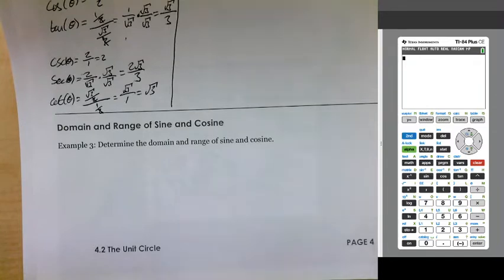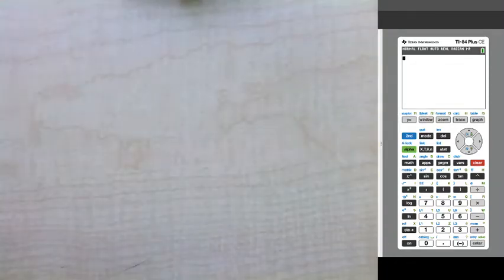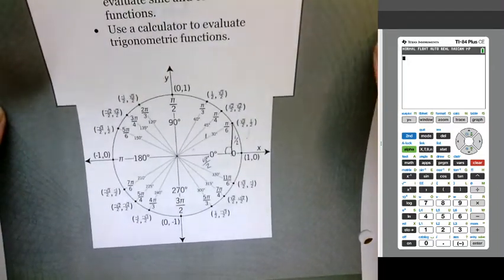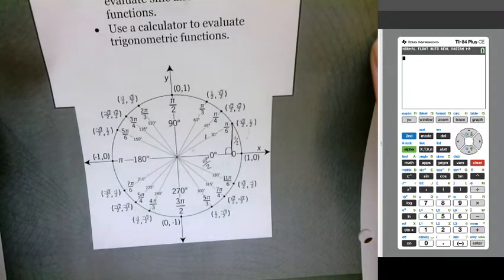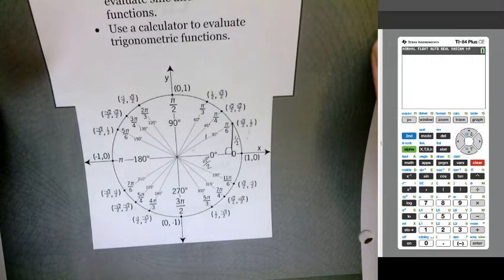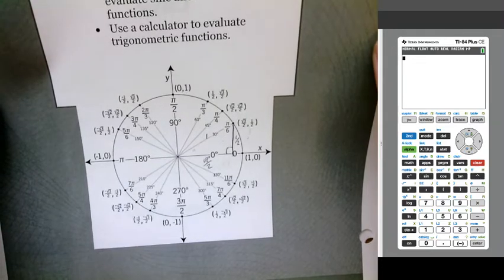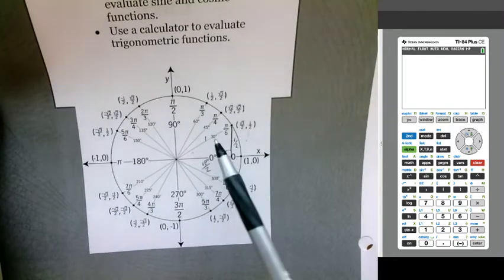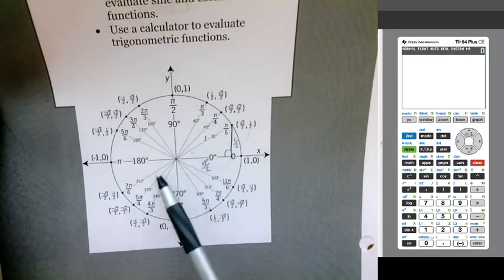Okay, so what that means is the domain is all the possible inputs into sine. Now let's go back to the unit circle for a second. Your input into sine is actually an angle. And from our last lesson, we saw we can have positive angles, negative angles, angles over 360 degrees, and all they refer to is just some position around this circle.